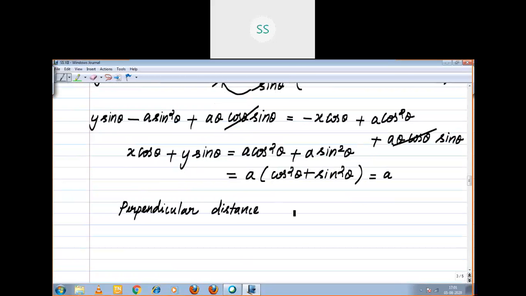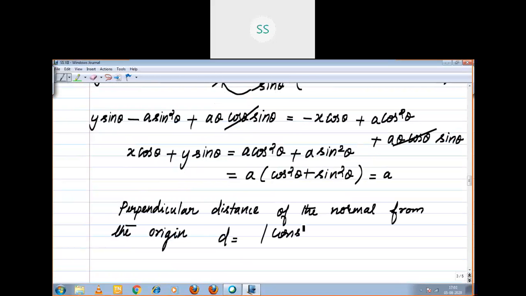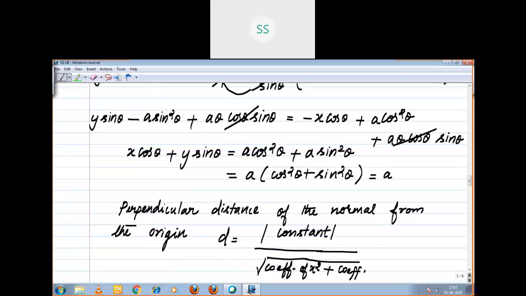The perpendicular distance of the normal from the origin, the formula I am going to write. d is equal to modulus of constant divided by root of coefficient of x square plus coefficient of y square.